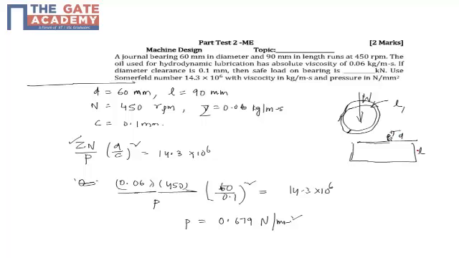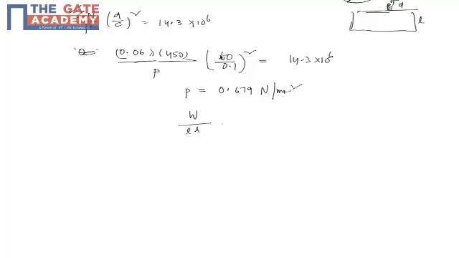So W is defined by dividing by length into diameter. This is how pressure is defined in the Sommerfeld formula. So W by LD is pressure, which is 0.679, and W is what you need to find because that is the safe load.